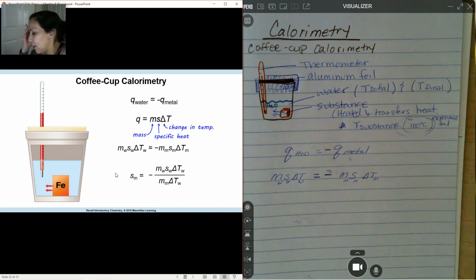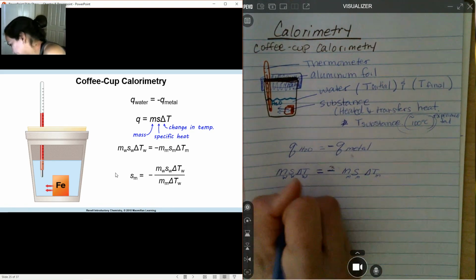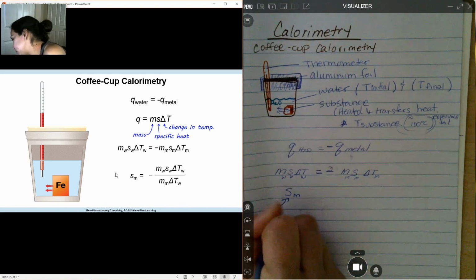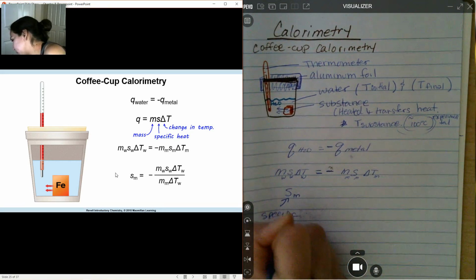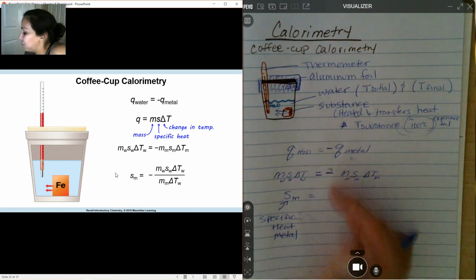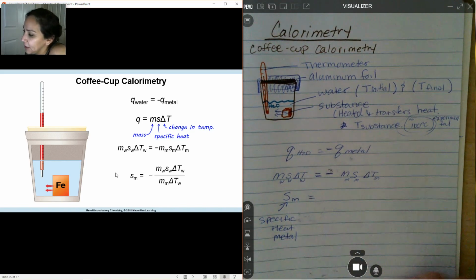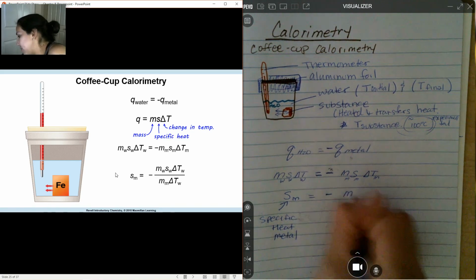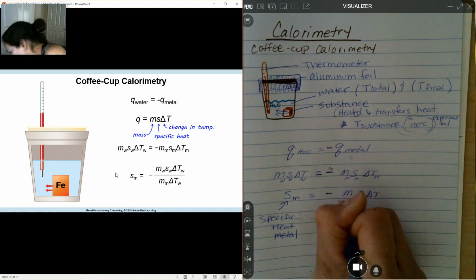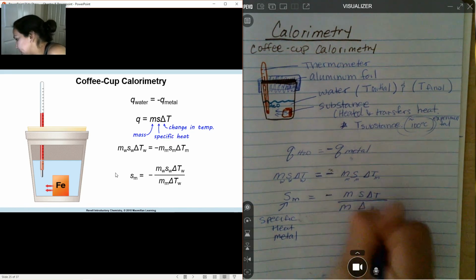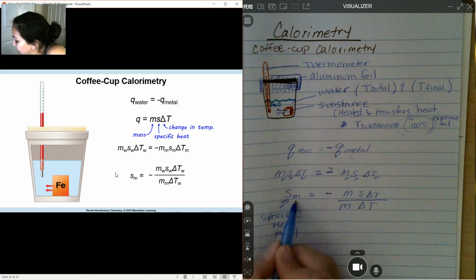Okay. Now, if we wanted to actually know the specific heat of the metal, then all we're going to do is combine both of these together to find the specific heat of the metal. And that's going to be negative m s delta T divided by m delta T. And because this is the one of the metal, right?